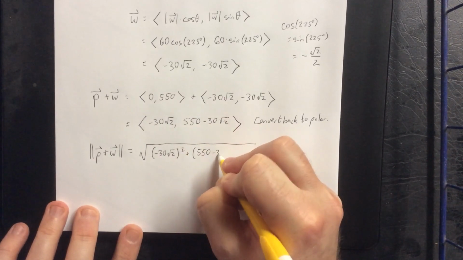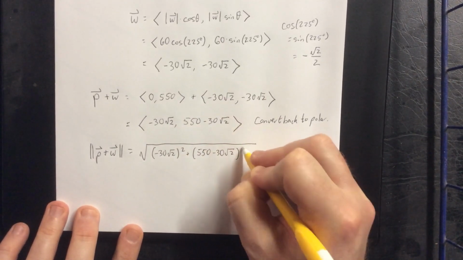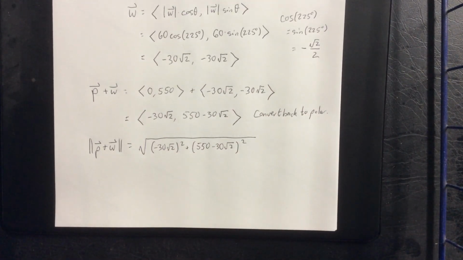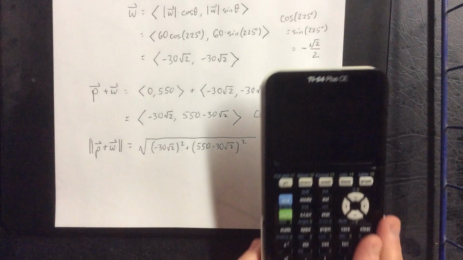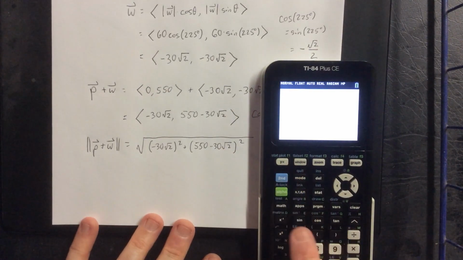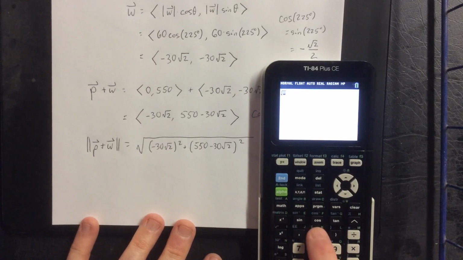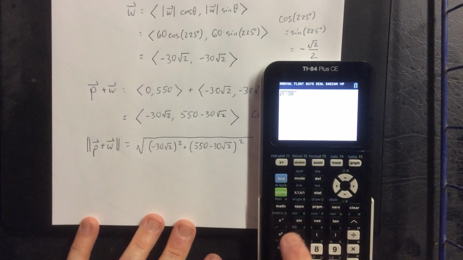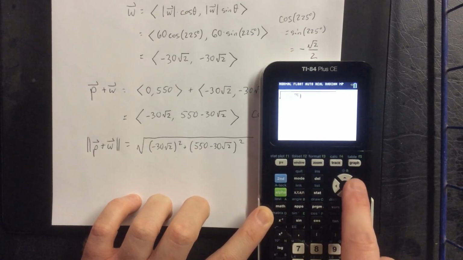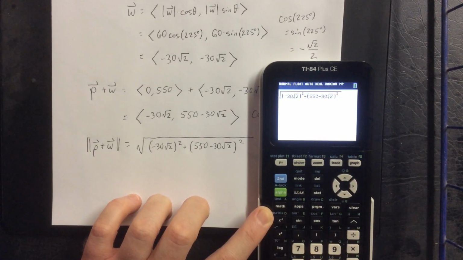Now, somewhere in here, it's probably going to be safe for us to go ahead and switch this over into a decimal approximation. So I'm going to grab my calculator and find out what this is equal to. So square root of, parentheses, negative 30 square roots of 2, close those parentheses and square the result, plus new set of parentheses, 550 minus 30 square roots of 2, close those parentheses and square the result.